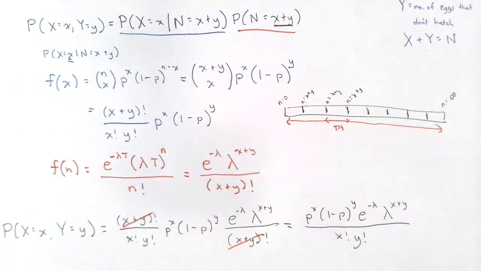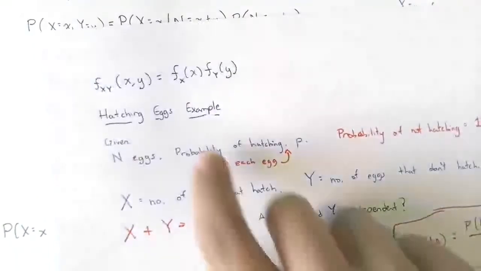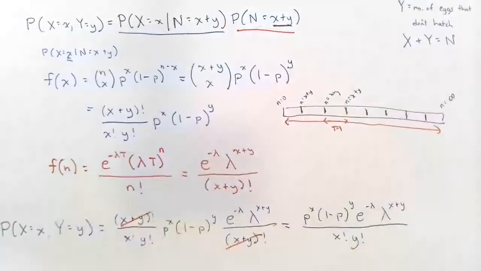Good. I'd like to do a little bit more here, just to rearrange it a little bit, because remember, the end goal is to see if we can prove this. So in order to figure out if we can prove this, I have this lambda to the power of x plus y, which is not very helpful to prove what I want to prove.